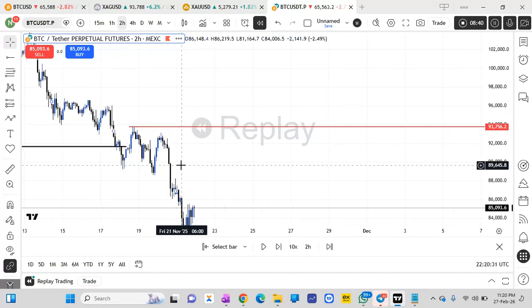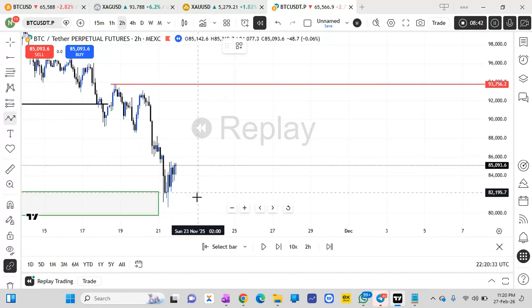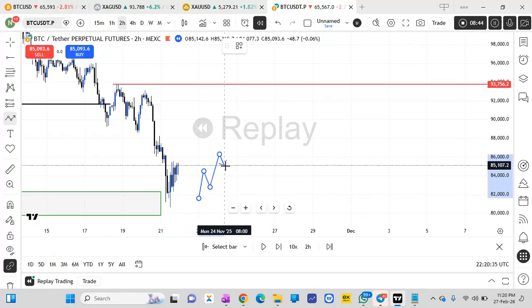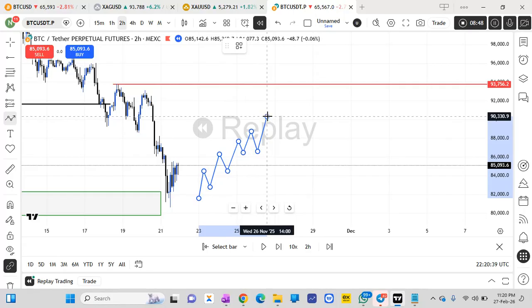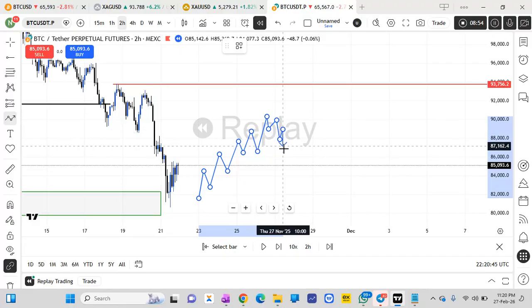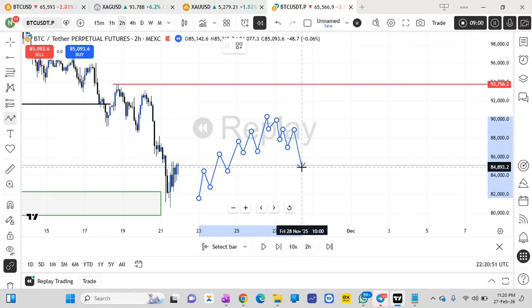This is what I mean: if the market is in an uptrend, the only zone that can cause a new market structure shift is the one zone that takes out two zones.